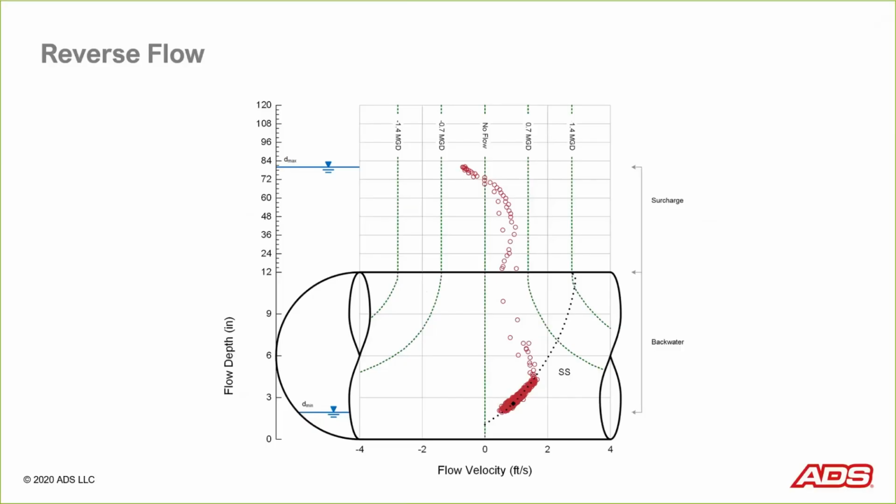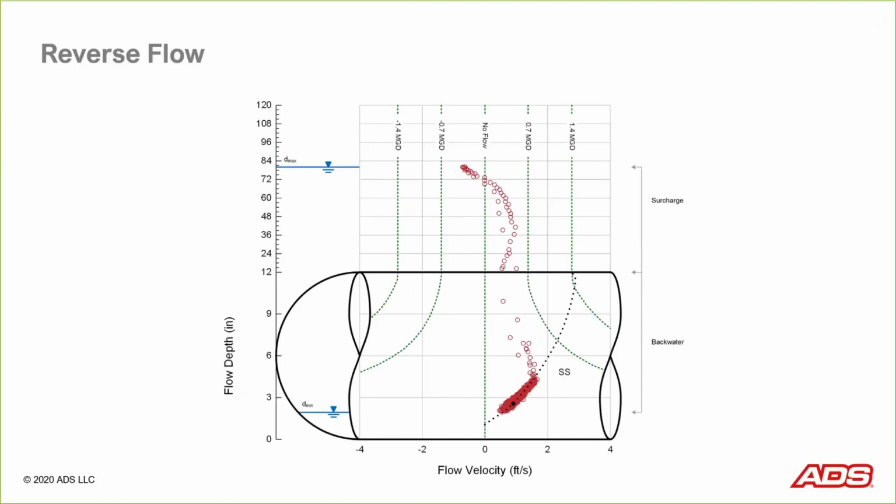So it's rising deeper, but the flow in the sewer is moving slower and slower and slower until at about a depth of 72 inches, it just stops. But it only does that momentarily because it starts going in the other direction. And you'll see that the depth continues to rise, but the flow is now in a negative direction.